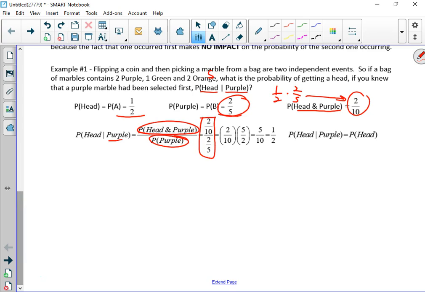Now we don't divide fractions, so we do 2/10 times 5/2, which reduces down to 1/2. So the probability of a head given purple is the same thing as what we had here. So that's just a proof of what we just talked about.